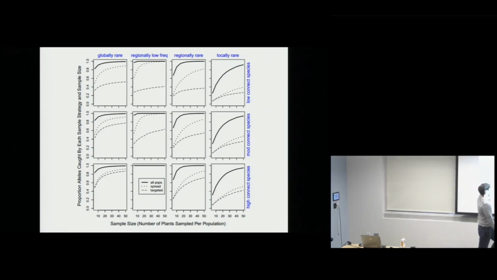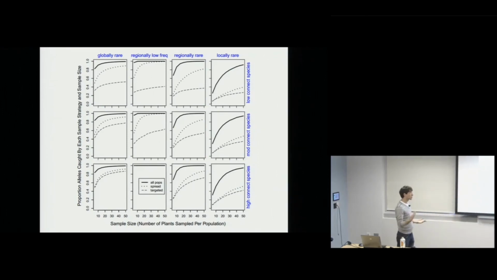The pattern is also there to some extent for each of the other categories that I show here, those that are restricted to one region or one population. You can see the relative advantage of the spread strategy over the targeted strategy might decrease as you increase connectivity for that species.